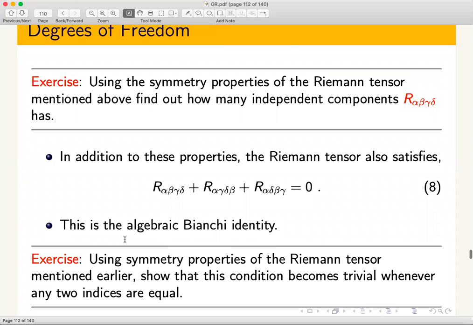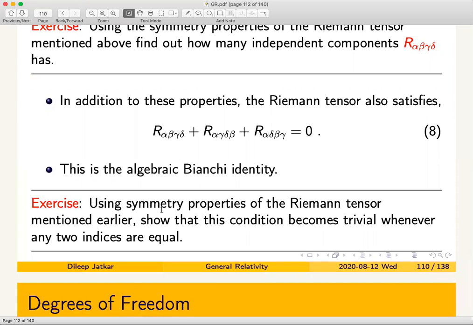Therefore the only place where this identity is non-trivial is when alpha is not equal to beta, which is not equal to gamma, which is not equal to delta. And this is true of all pairwise relations: alpha is not equal to any of the other variables and so on. And since we are in 4 dimensions, this equation therefore imposes only a single condition.